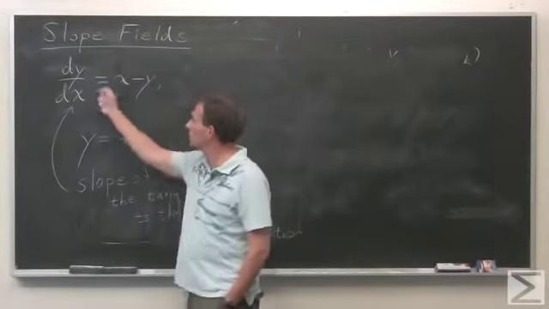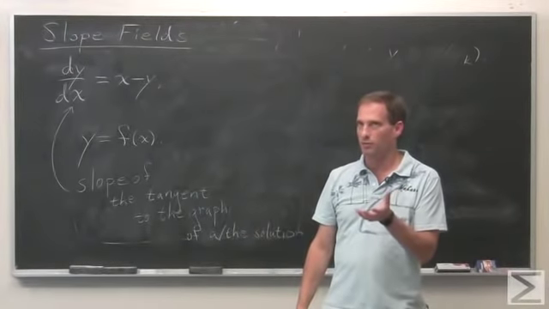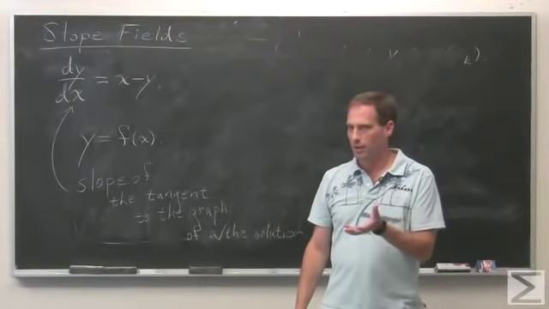So this tells you what the slope of the tangent line to the solution would be in terms of x and y, in terms of the point that you're looking at.